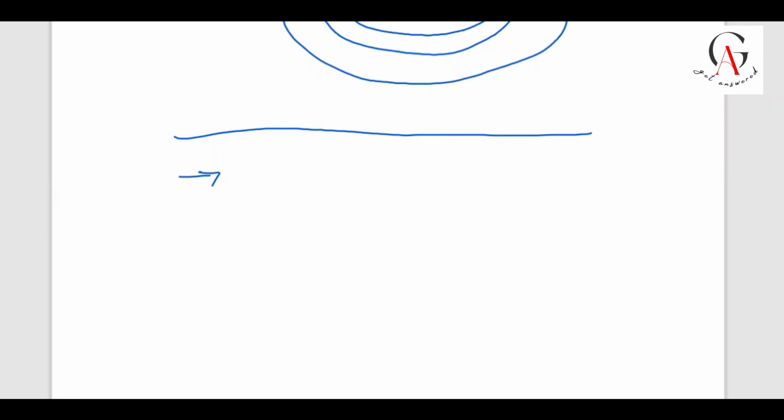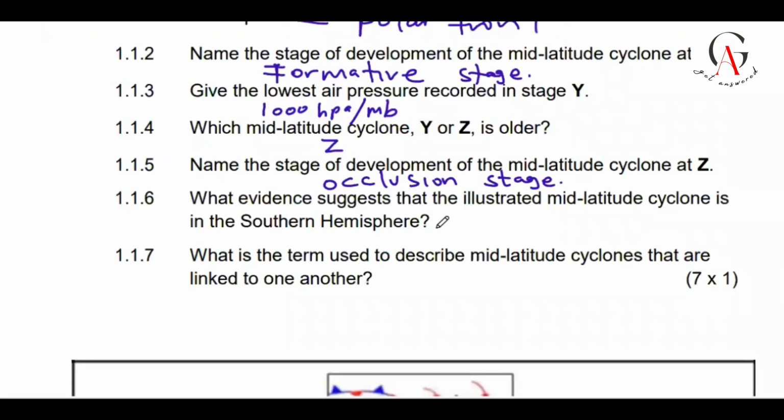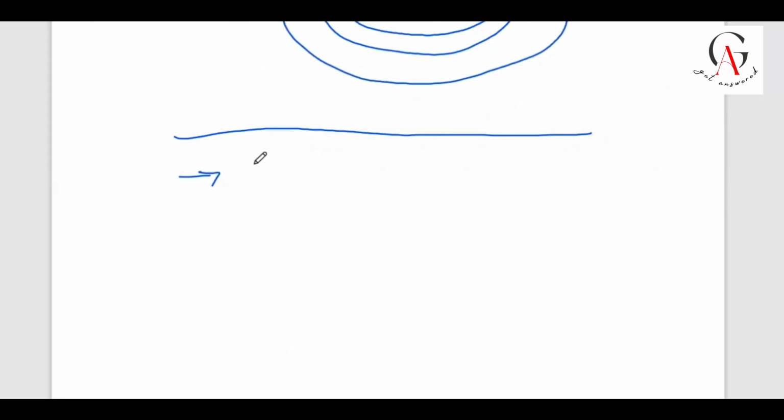However, let's go back to the question. I was saying, what evidence suggests that the cyclone is in the southern hemisphere? And we said we can look at the 60 degrees line of latitude, because this S indicates that we are in the southern hemisphere.